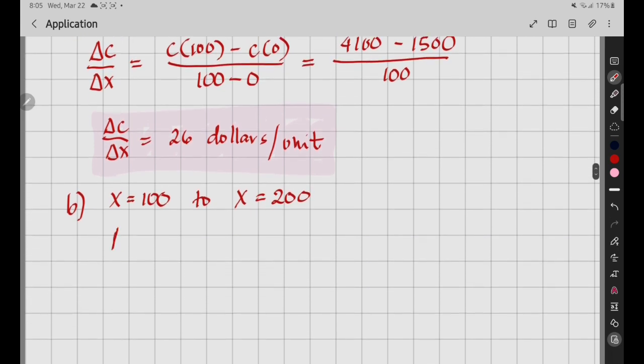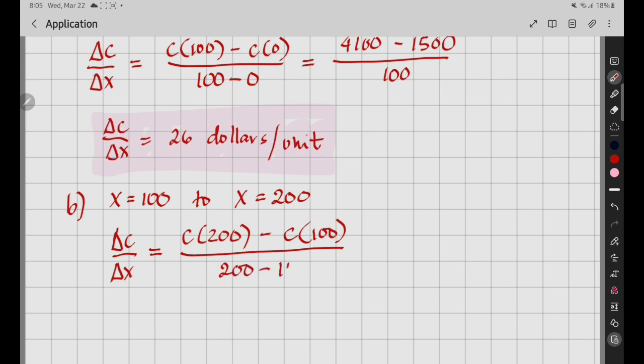So we have the change in cost over the change in units. So you have C of 200 minus C of 100 over 200 minus 100, which gives us 6,900 minus 4,100 over 100.